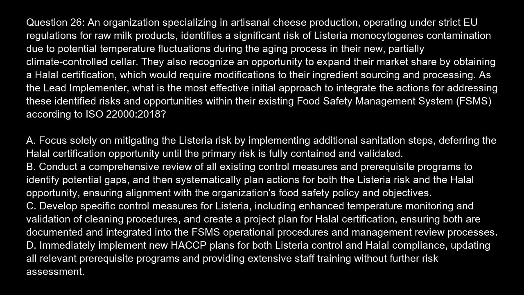Option C. Develop specific control measures for Listeria, including enhanced temperature monitoring and validation of cleaning procedures, and create a project plan for halal certification, ensuring both are documented and integrated into the FSMS operational procedures and management review processes. Option D. Immediately implement new HACCP plans for both Listeria control and halal compliance, updating all relevant prerequisite programs and providing extensive staff training without further risk assessment.